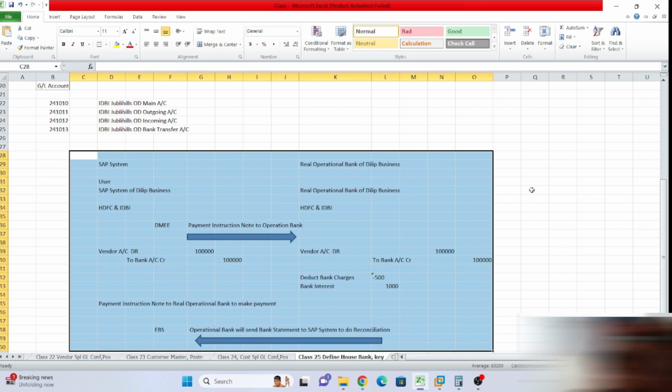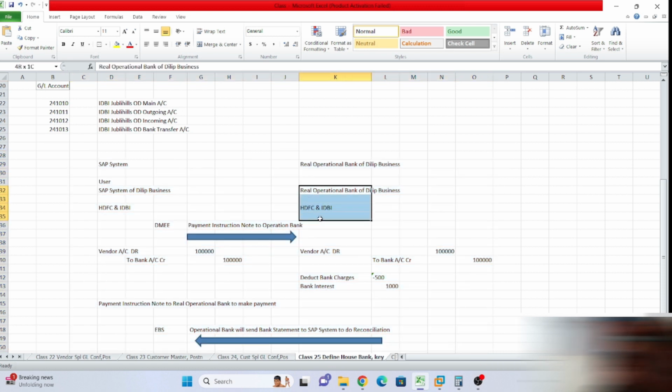Yes, the amount will be deducted from the SAP bank account, not from the real operational bank account. But the question is not correct as asked.